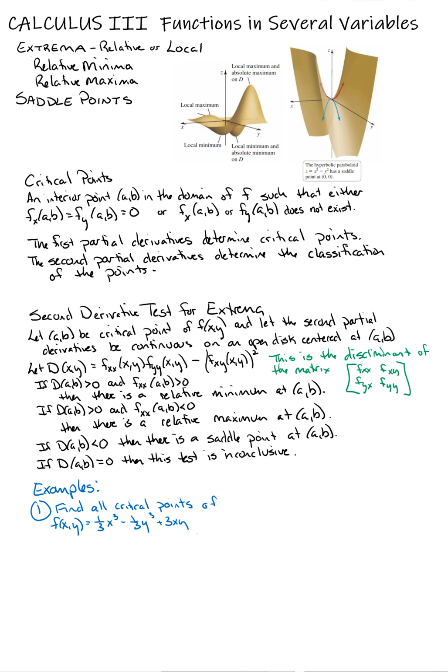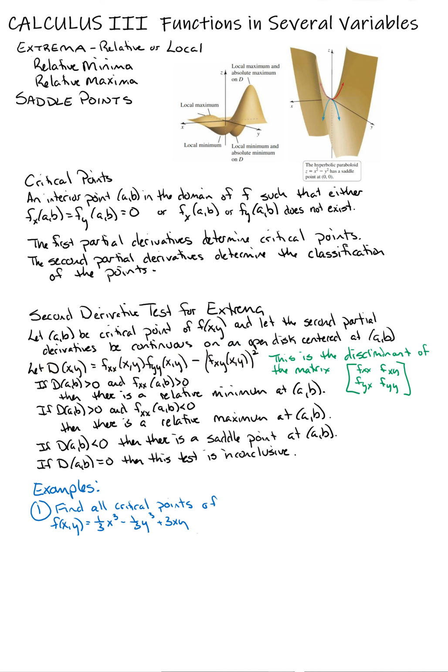And of course, the discriminant of that is when we multiply along the diagonals and take that difference. And it turns out that these two are the same, and so that's why we end up squaring it there. So if you remember what the discriminant of a matrix is, you can use that idea. If you don't remember what that is, you can simply take a look at this formula here.